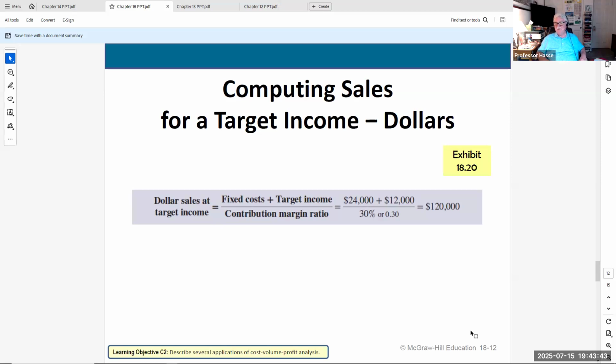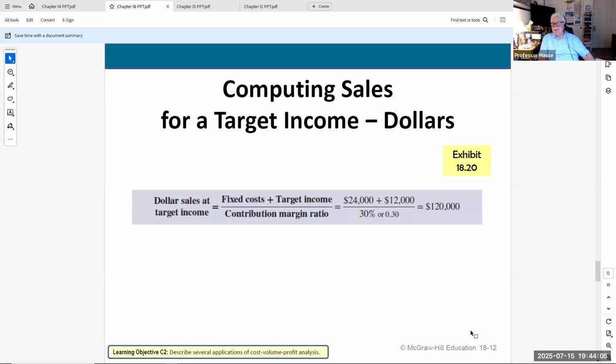This is important because many companies do business to satisfy their investors. How do they do that? Well, next year in 2026, we plan on making a $12,000 profit that we'll distribute to our investors in dividends and interest payments.